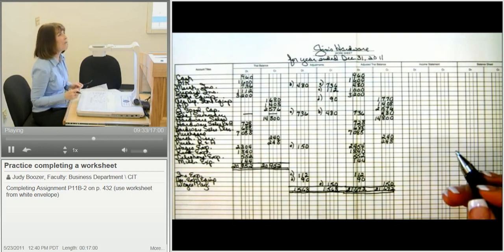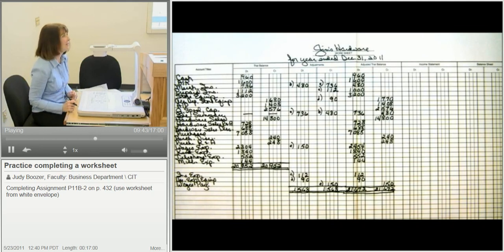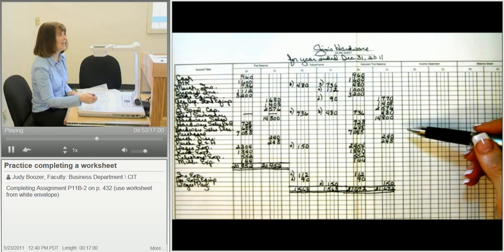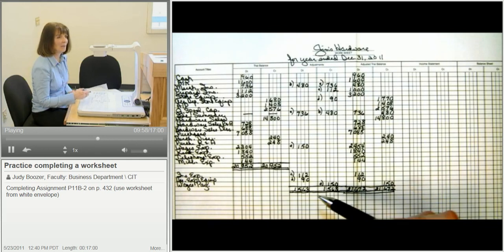Okay, now for the income statement. Hopefully you remembered what to do. What do we transfer over to the income statement? Everything from income summary on down, unless there's something that is a liability, asset, or capital, correct?